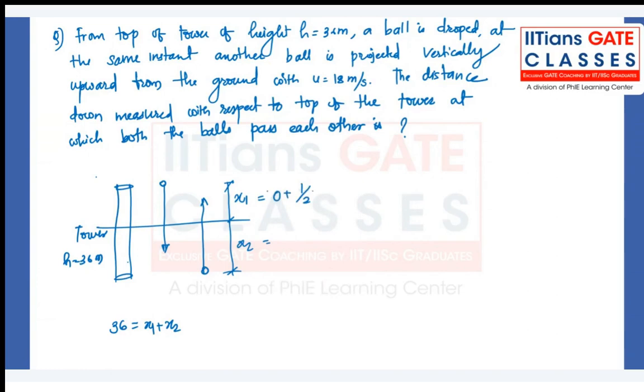And what about x2? Initial velocity is 18 meters per second. So 18t minus half of gt square. So basically, if you add them, half of gt square plus 18t minus half of gt square, you'll cancel it out. 18t is equal to 36. This implies t is equal to 2 seconds.